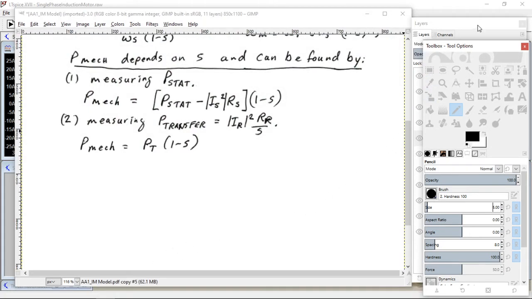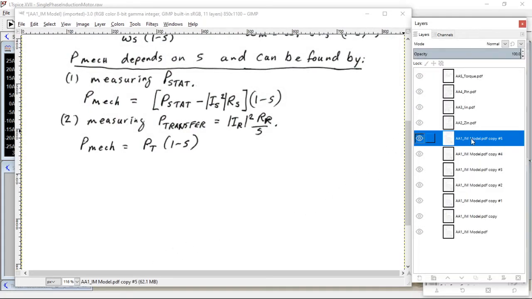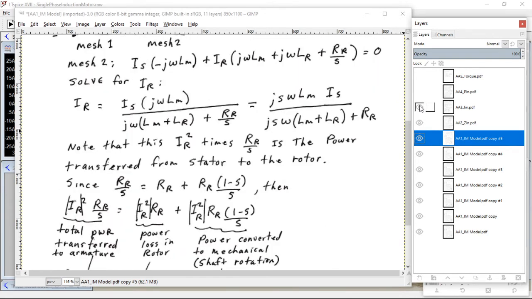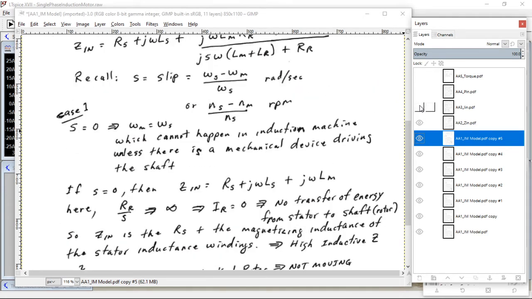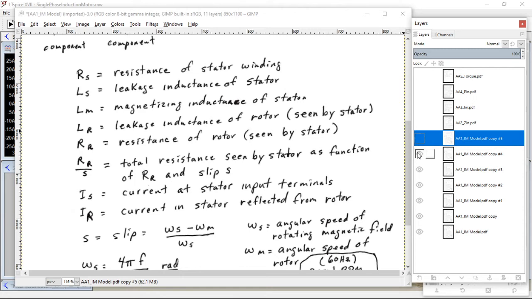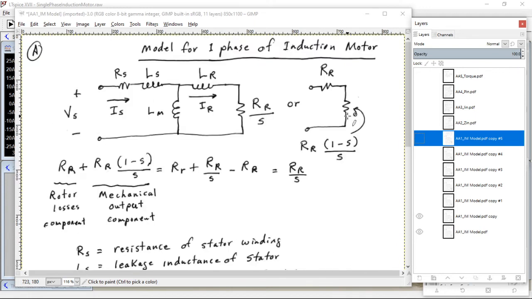And let's go back to here, slip. Okay, and so what we're talking about is slip here.